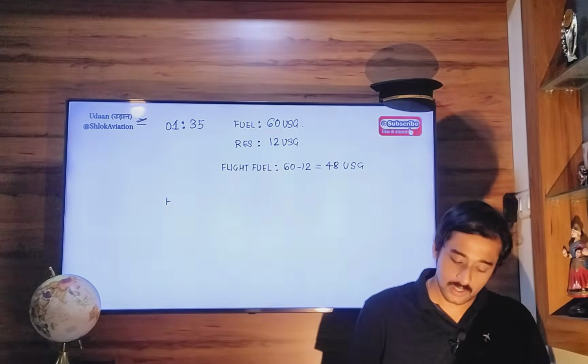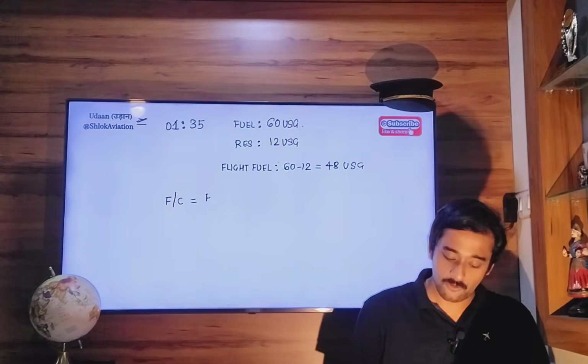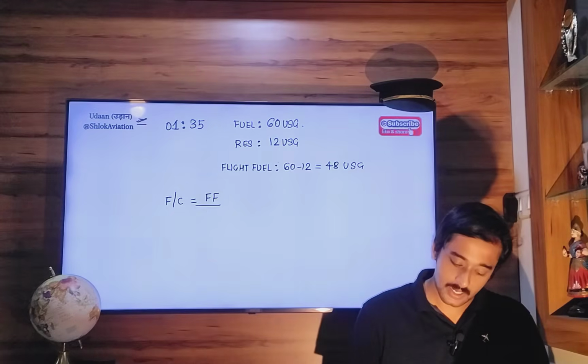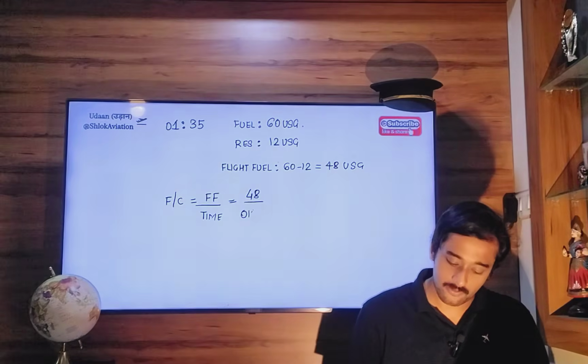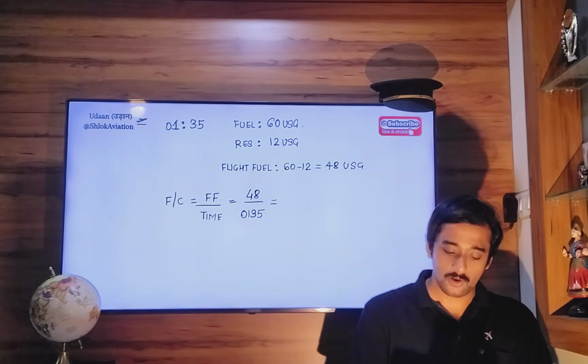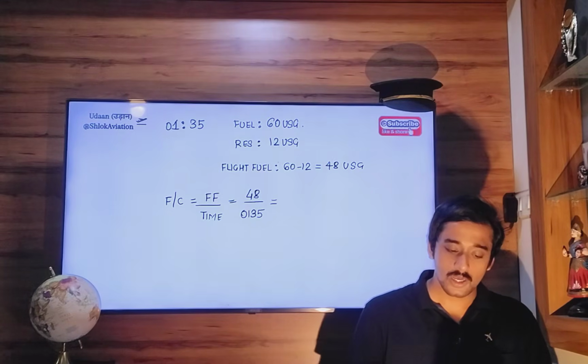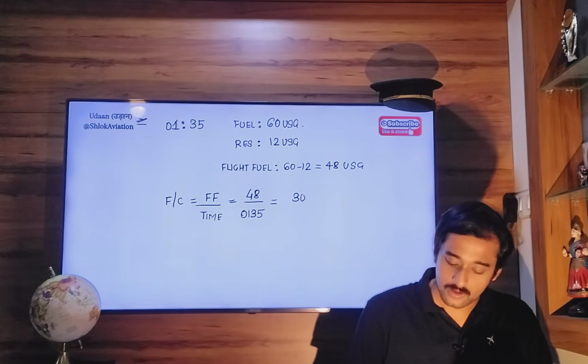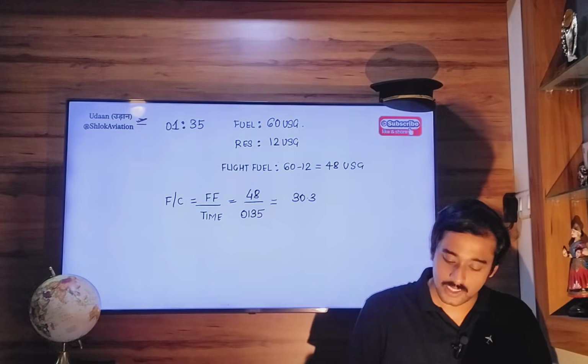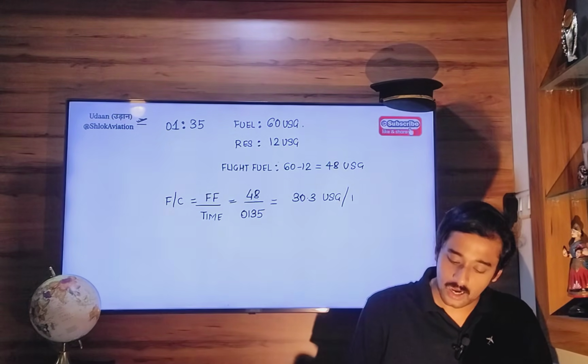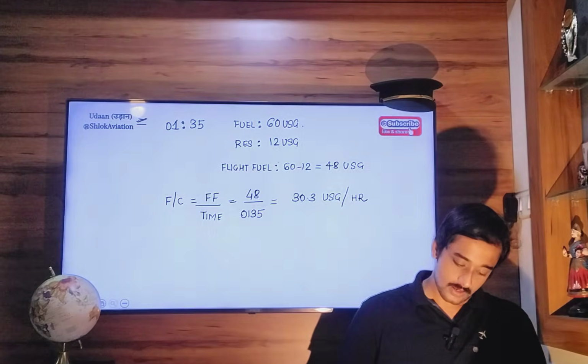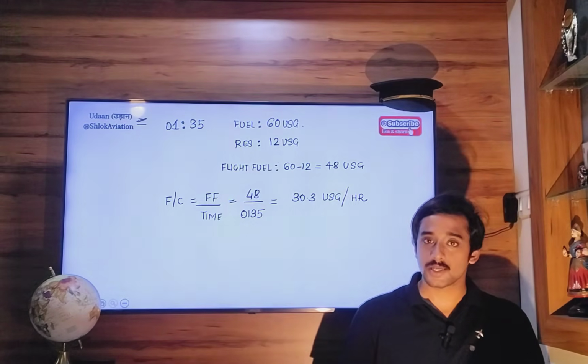Fuel consumption equals flight fuel divided by time. 48 divided by 1 hour 35 minutes is equal to 30.3. So you can have a maximum fuel consumption rate of 30.3 US gallon per hour. Okay, so that is the answer.